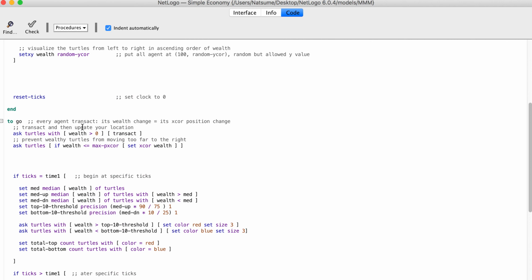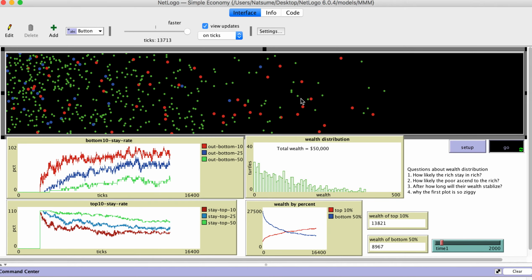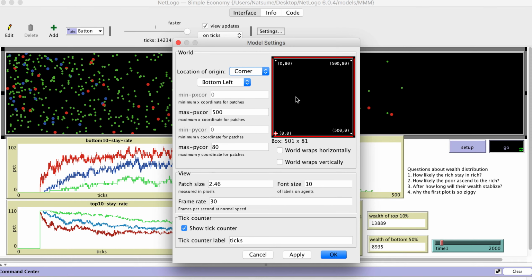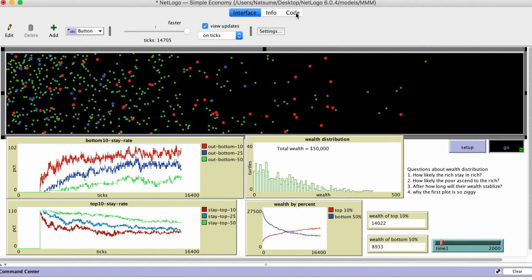And after the transaction, we will re-examine every turtle to see whether its wealth is smaller than or equal to the maximum patch x coordinate. We know that the maximum patch x coordinate is 500, and that the x coordinate refers to the wealth.